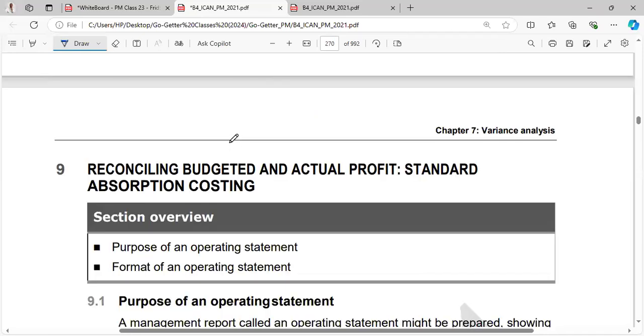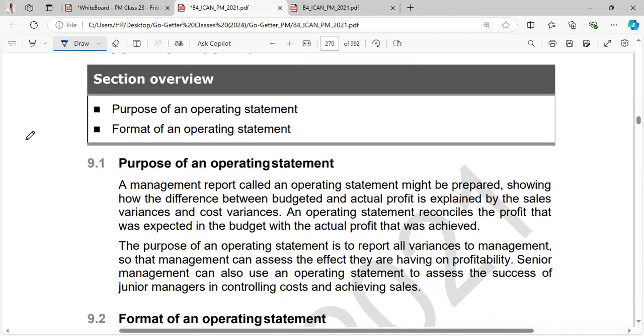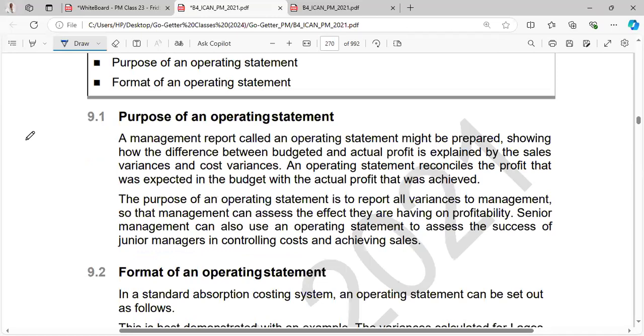So now we come to the actual reason why we are doing this variance: reconciliation of budgeted profit and actual profit, which is the standard absorption costing. All right. The purpose of an operating statement: we need to show an operating statement. A management report is also called an operating statement.